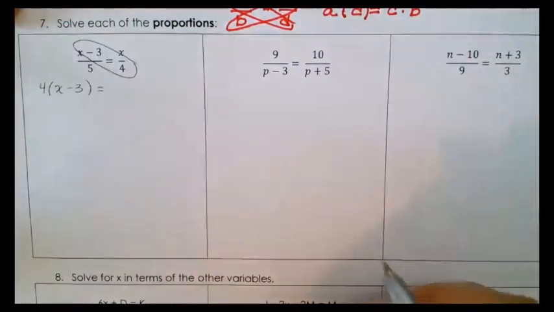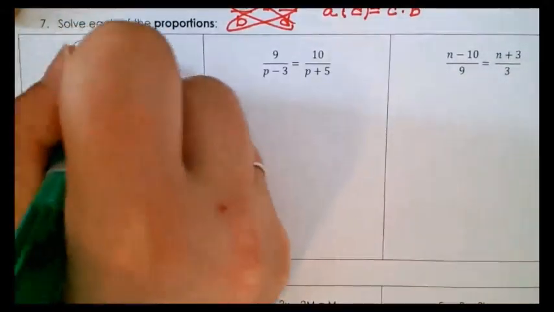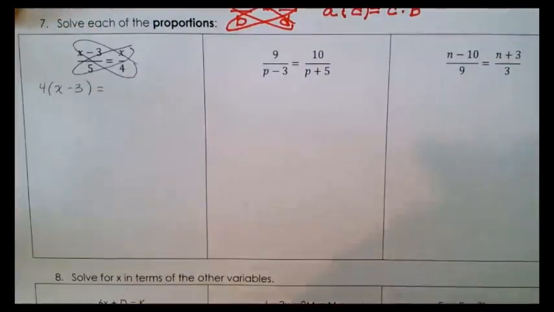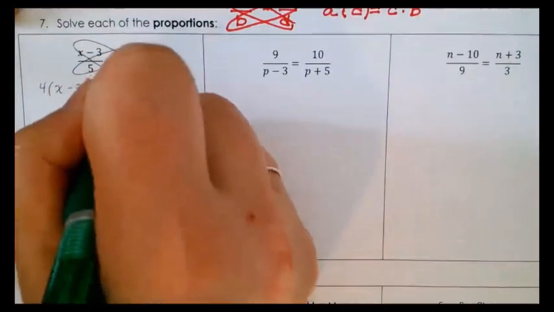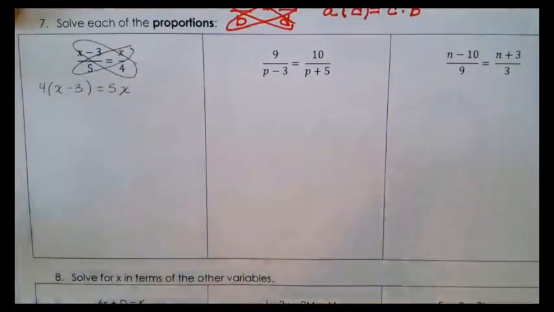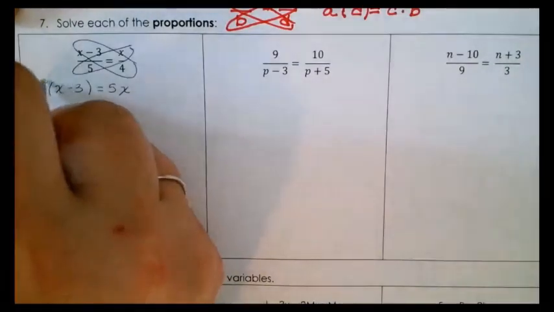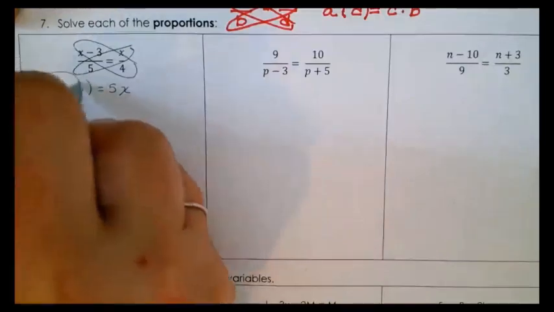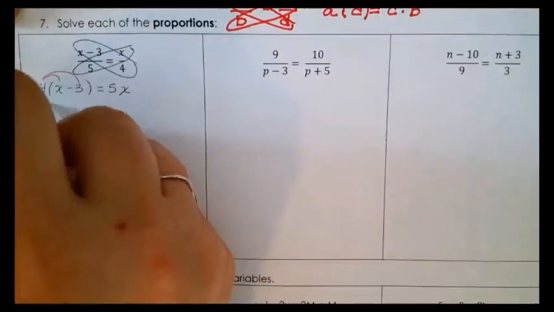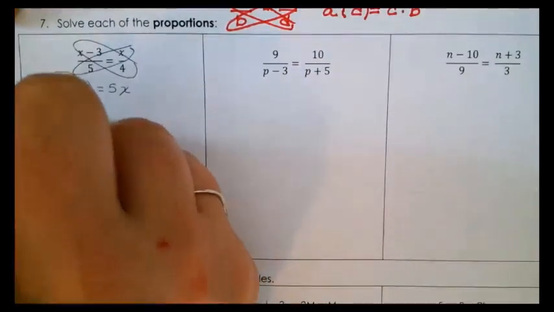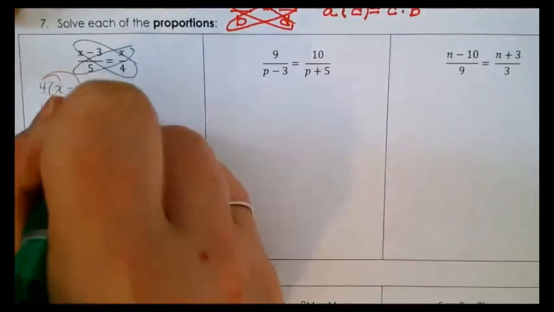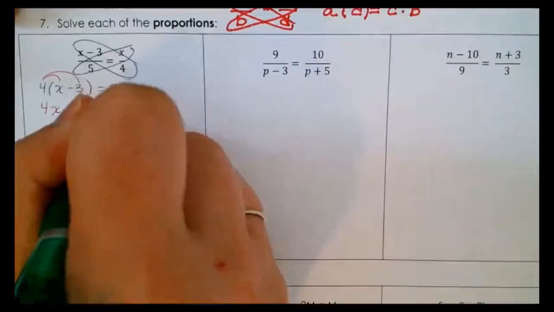Equals the other diagonal, 5 times the x. 5 times x is just 5x. Now, to continue solving, you're going to have to start distributing to get rid of the parentheses. So 4 times the x and 4 times the negative 3. So 4x, 4 times negative 3 is negative 12 equals 5x.